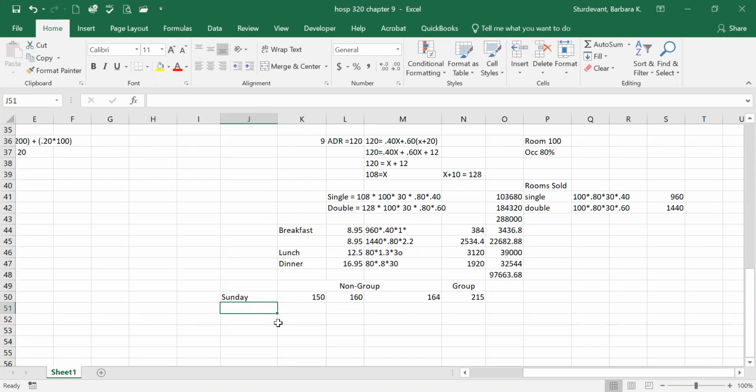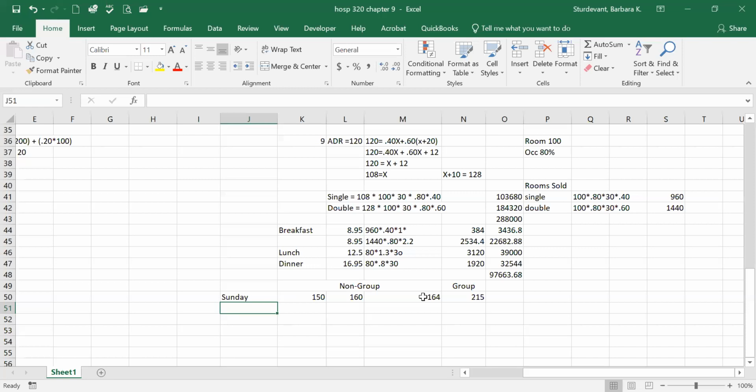And then this is the group reservations that we have. So it's 2 steps. The first thing you're going to do is the moving average. But when you do the moving average, it's only the non-groups.